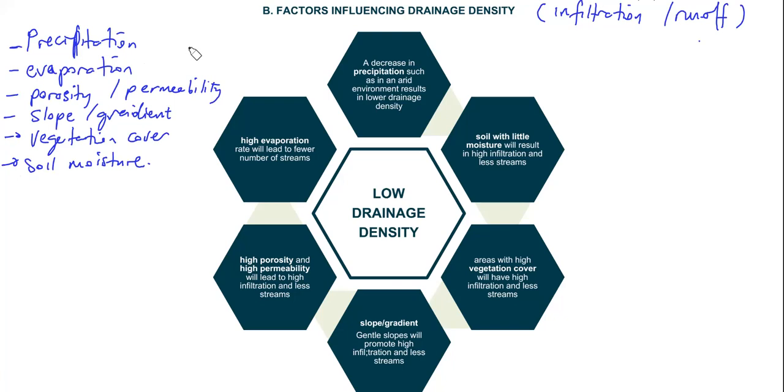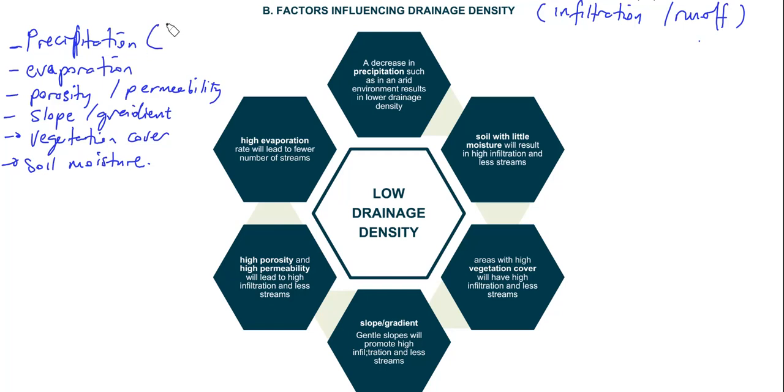Because if we've got high rainfall, or for example here, a decrease in precipitation, such as in arid environments, results in low drainage density. So when we have low precipitation, it is associated with less rainfall. We're talking of precipitation, the amount of rainfall.